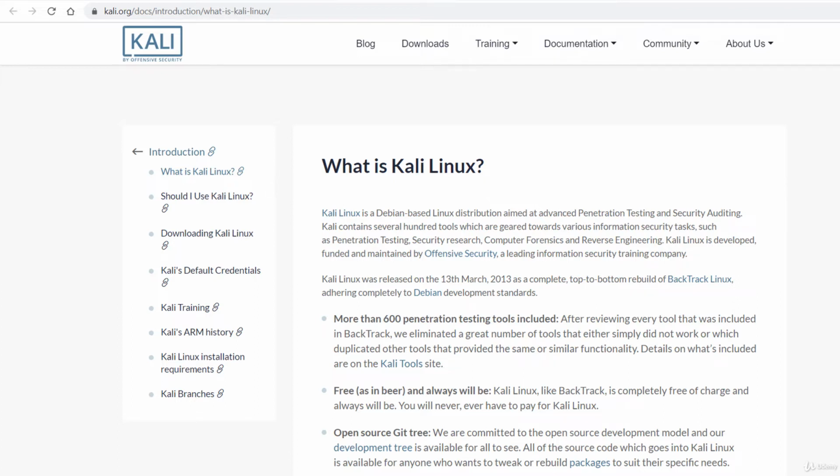Kali Linux is the world's most popular, offensive, security-optimized Linux distribution. Based on Debian testing, Kali includes more than 600 penetration testing tools, including the big ones like Metasploit, Nmap, and AirCrackNG, but also a wide variety of more obscure and specialized tools.